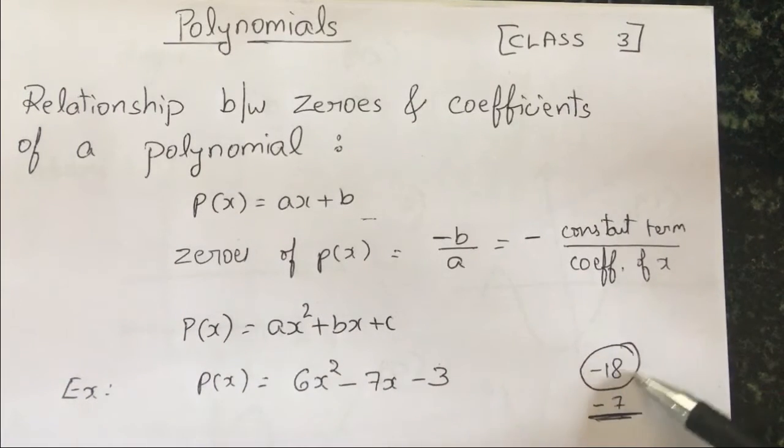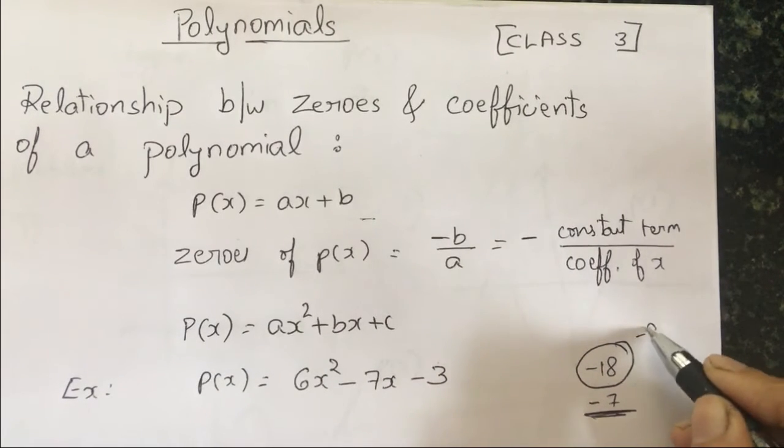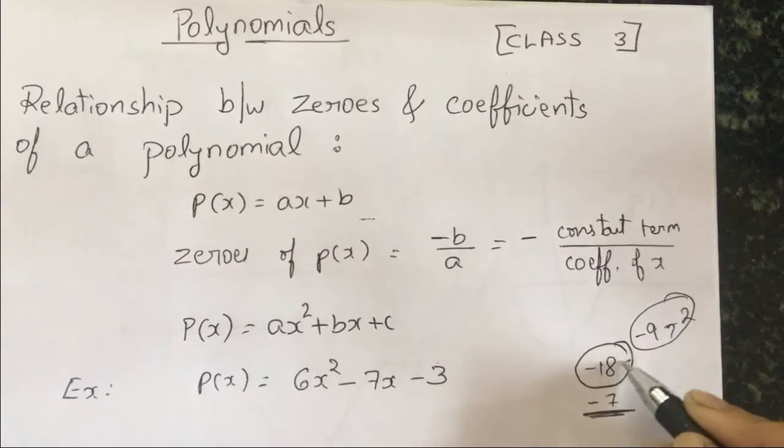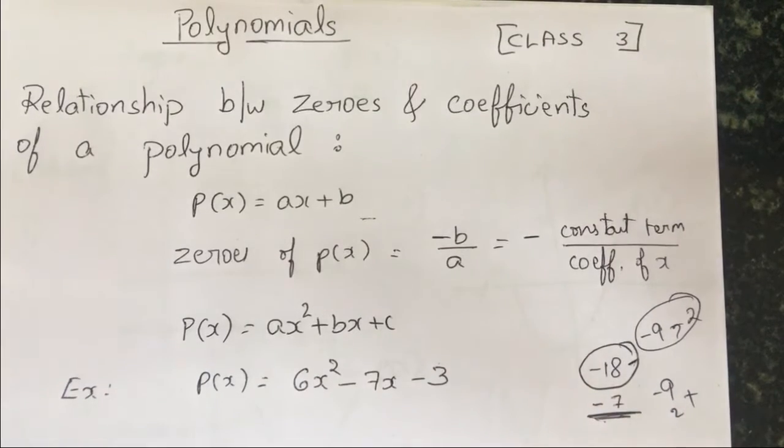The next option for product 18 is 9 and 2. Minus 9 and 2, if I take, their product is minus 18, and if I add minus 9 with 2, then I am getting minus 7.